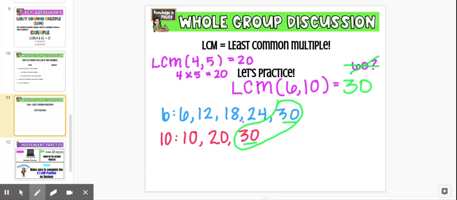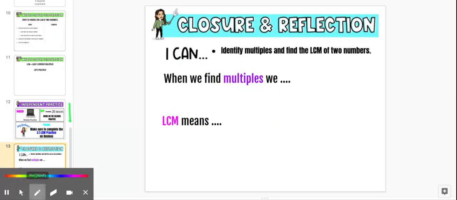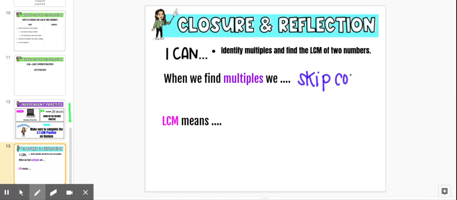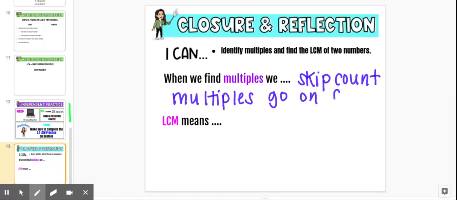So some things to remember are when we find multiples, we skip count, and multiples go on forever. They don't stop.